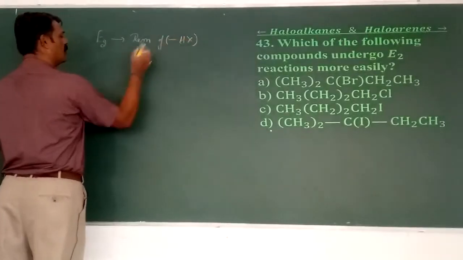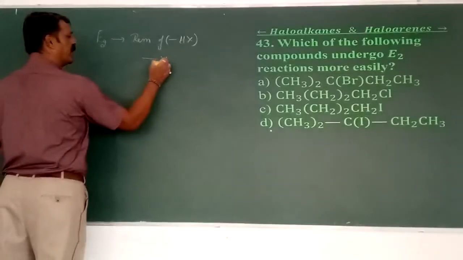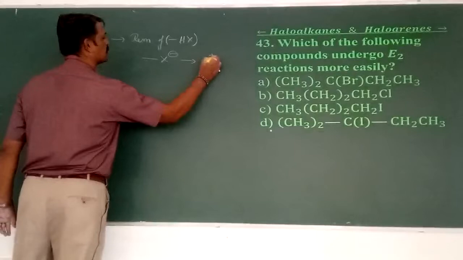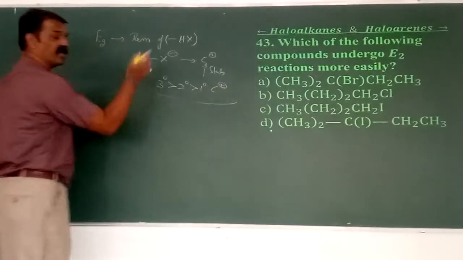HX is removed, and after the removal of X minus, it forms a C plus. The C plus must be stabilized, where the stabilization is tertiary greater than secondary greater than primary in the case of C plus. That we have to observe first.